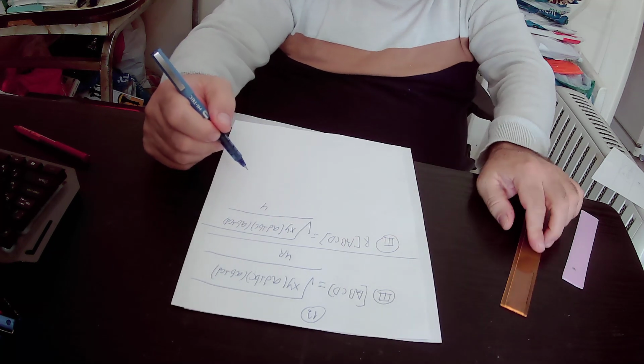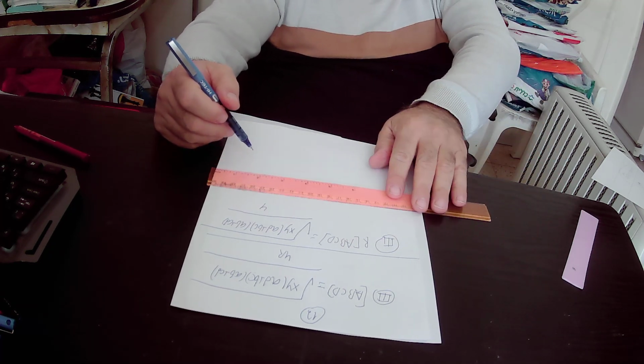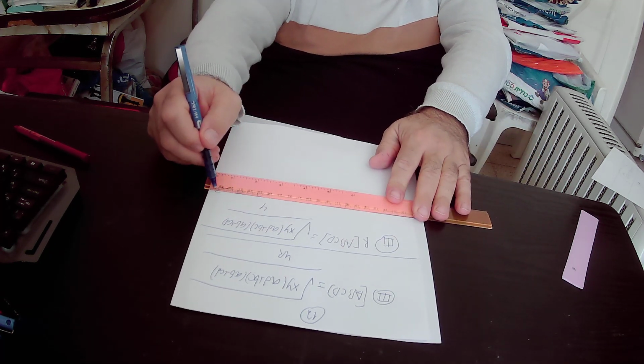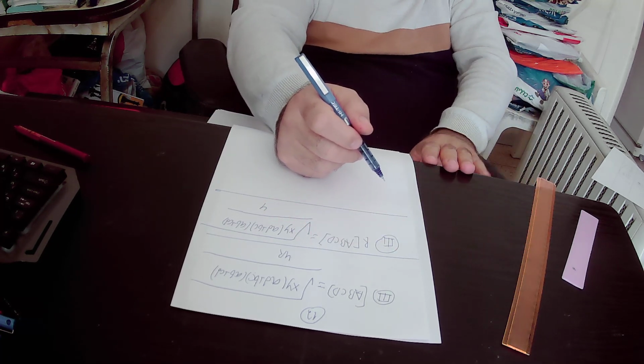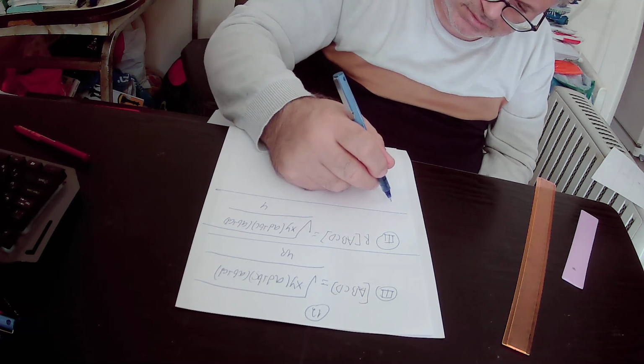Now we will divide equation number 3 by the area of quadrilateral ABCD, and we will get the radius of the circle that we are looking for.